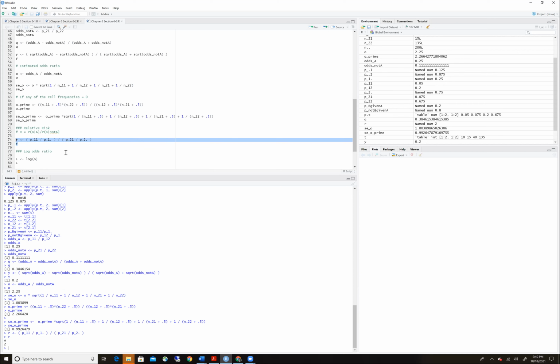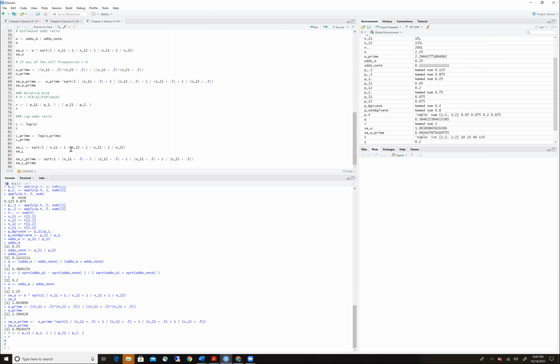Okay, in this chapter, we go on to talk about the log odds ratio. And usually, if you are creating a confidence interval for the odds ratio, you'll actually start on the log odds scale, and then you'll exponentiate once you're finished.